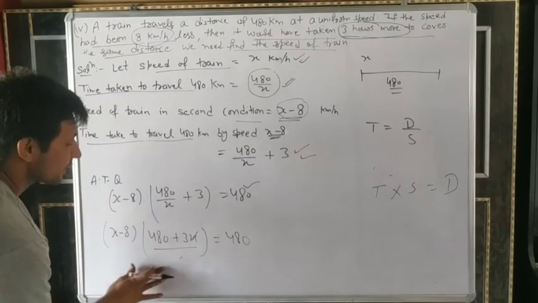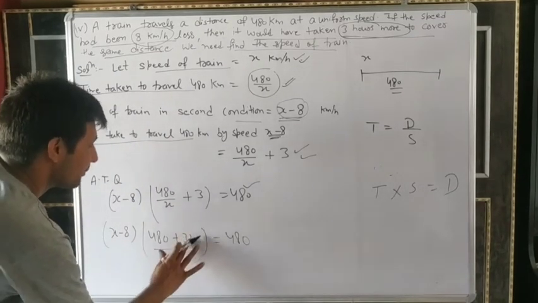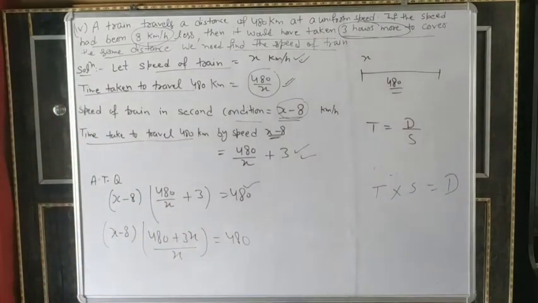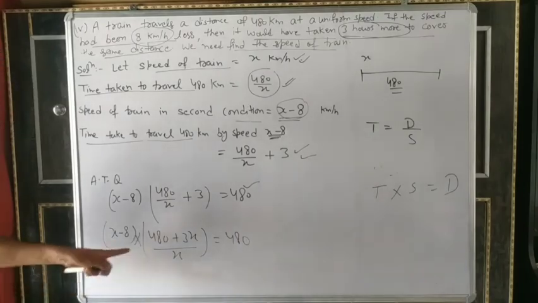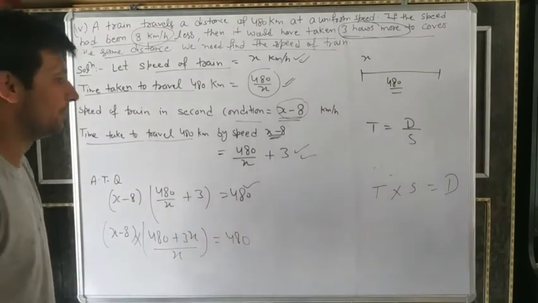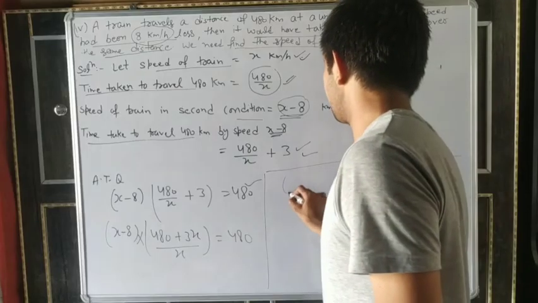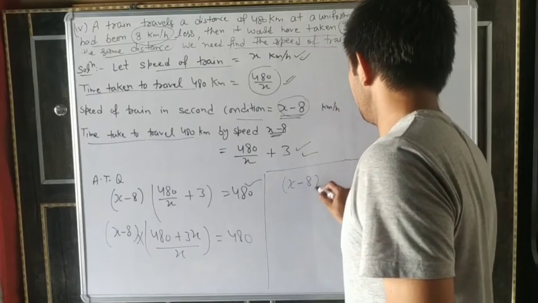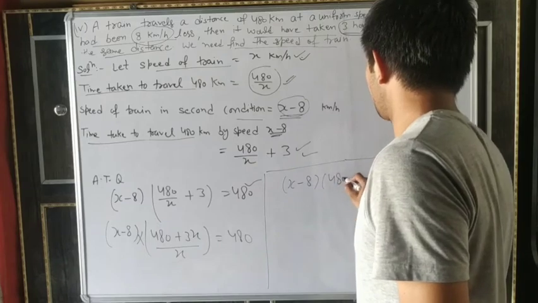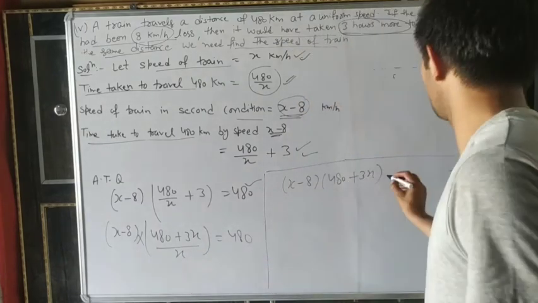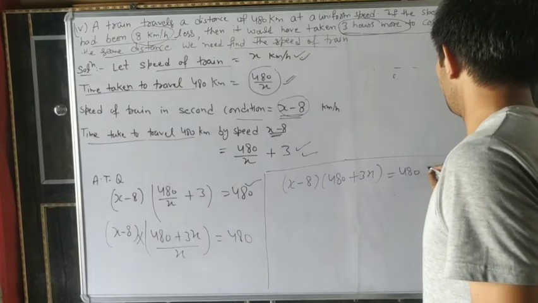We cannot cut because x is dividing both. Understand? Now it is multiplying here and dividing on the other side, so on the other side it becomes multiply. So x minus 8 into 480 plus 3x, and the denominator becomes the numerator: 480 into x.